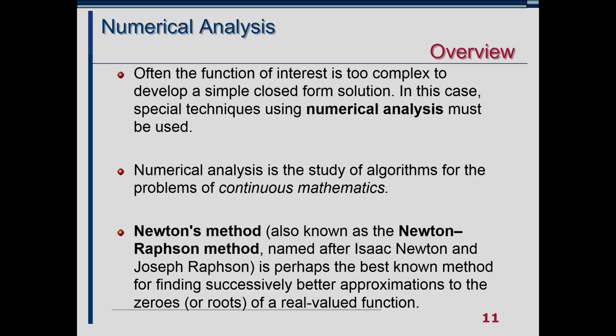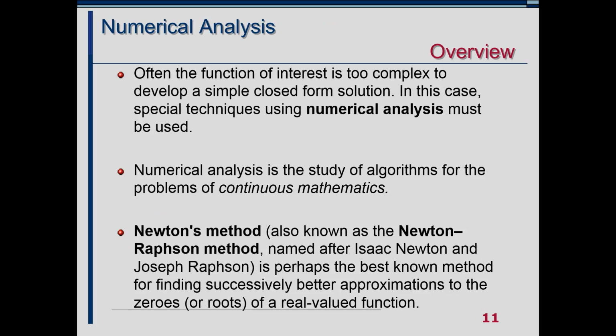Okay, often the function of interest is too complex to develop a simple closed form solution. In this case, special techniques using numerical analysis must be used. So numerical analysis is the study of algorithms for the problems of continuous mathematics.